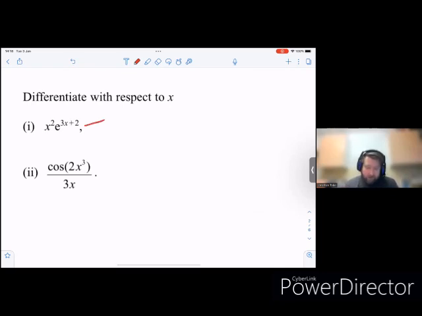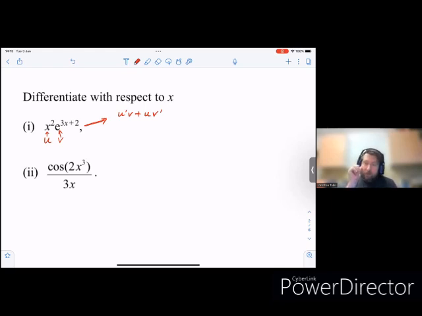For this one, this is a product rule. So we're going to be dealing with u dash v plus u v dash. Now u, in this case, is x squared, and v is e to the 3x plus 2.